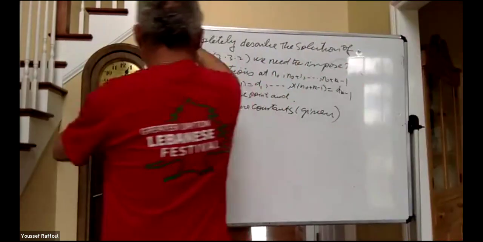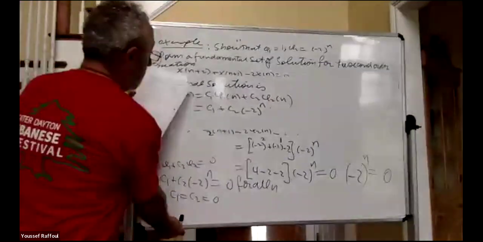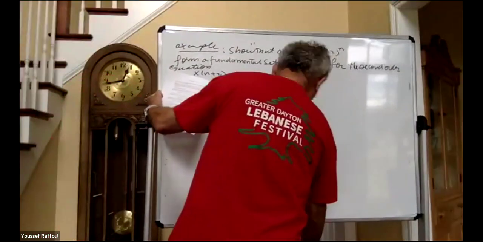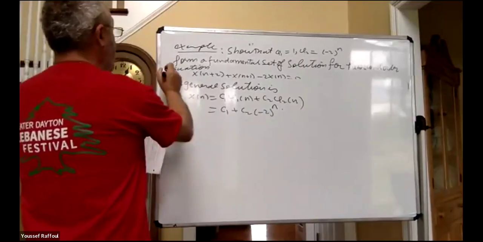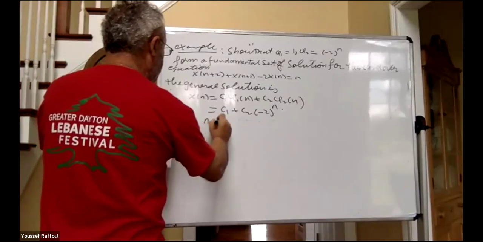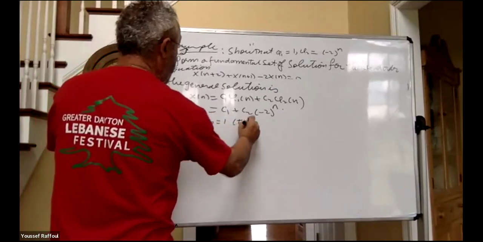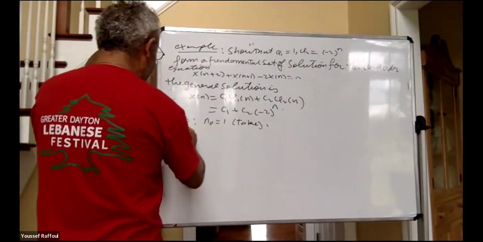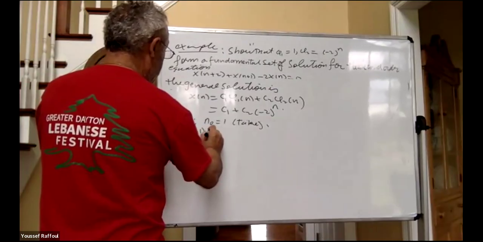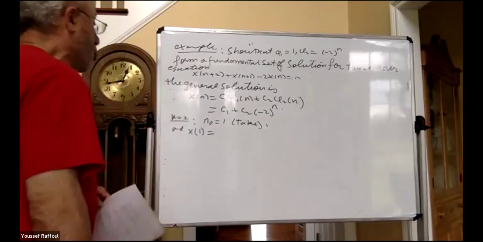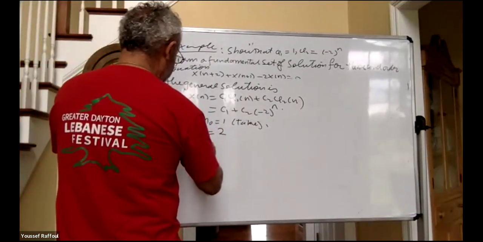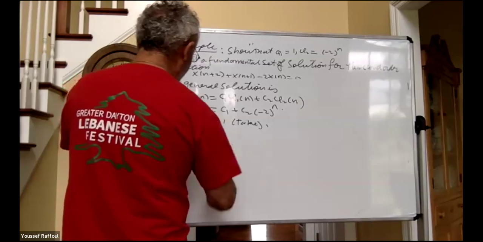So for example, in this example here, k is 2. And let's take n0 equal to 1. So we're going to start at 1. Let's assume x of 1 equal to 2, and x of 2 equal 4.